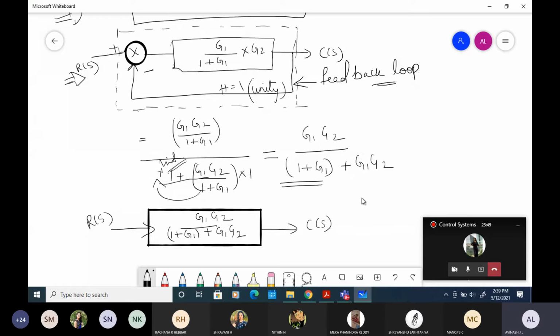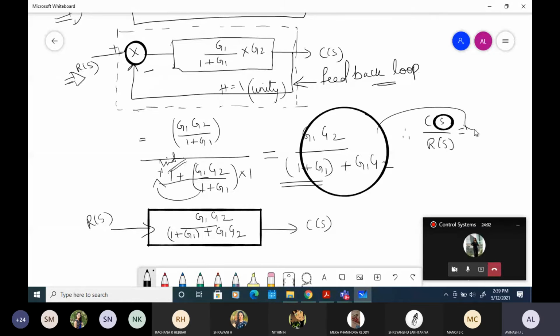After that, you can write therefore, C of S divided by R of S is equal to this particular thing. Is it clear?